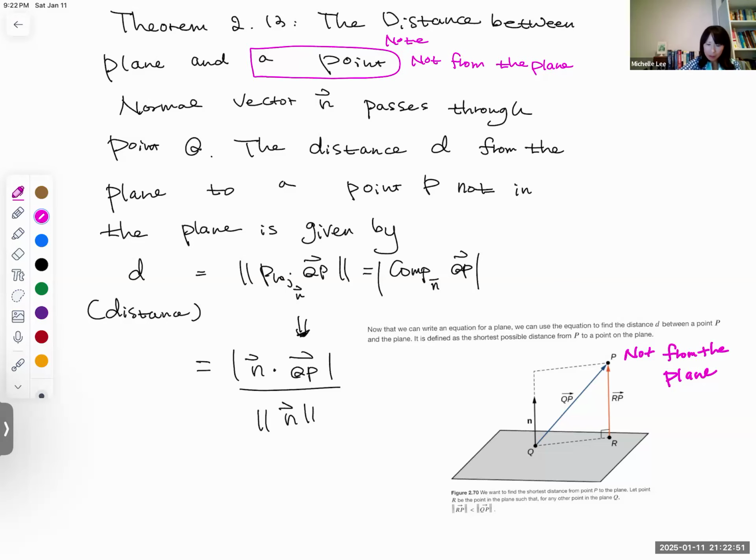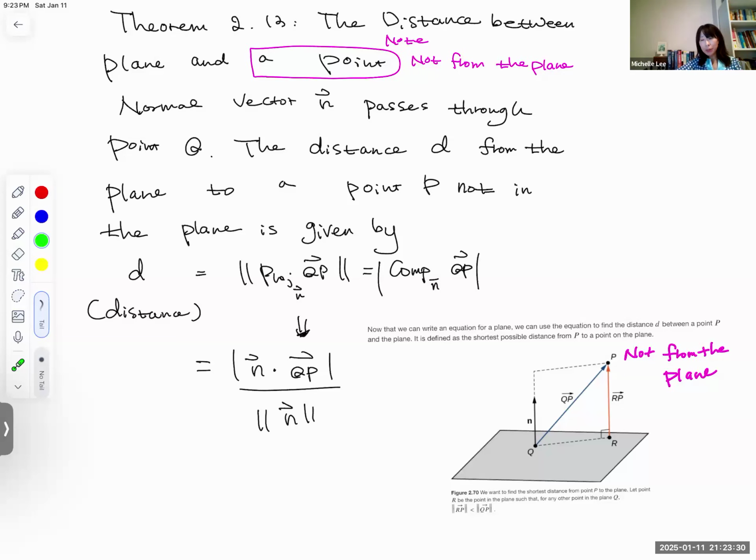Okay, so basically we have this vector QP, and then we project onto vector N. Yeah. Okay, then we just use the magnitude of the projection of QP onto N. Just using the formula, just apply. That's it. Okay. All right.